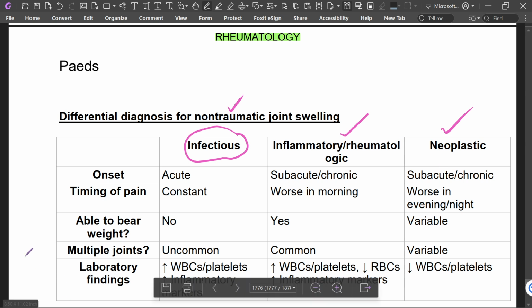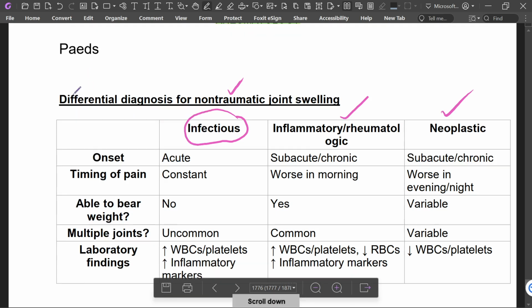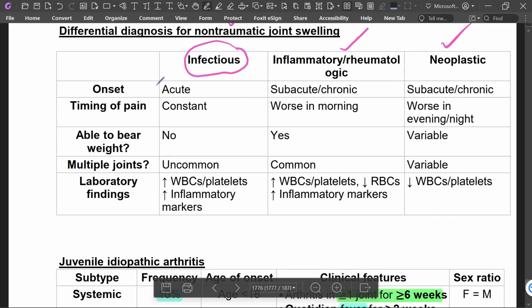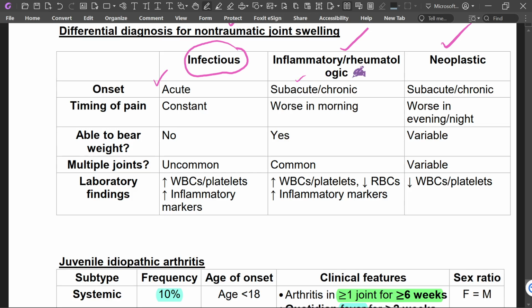Infectious is usually acute, and inflammatory or rheumatologic is subacute or chronic, and the neoplastic is subacute or chronic.